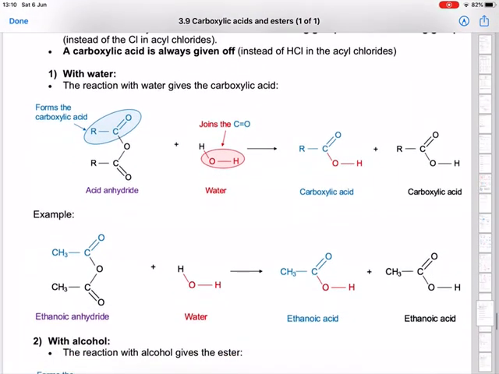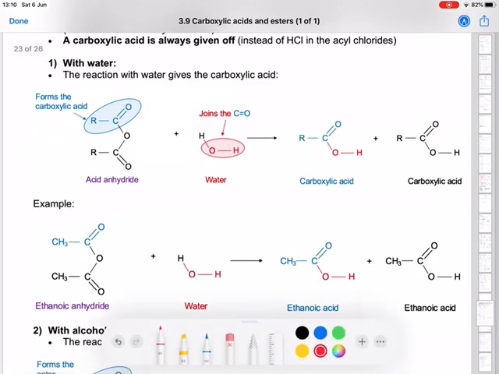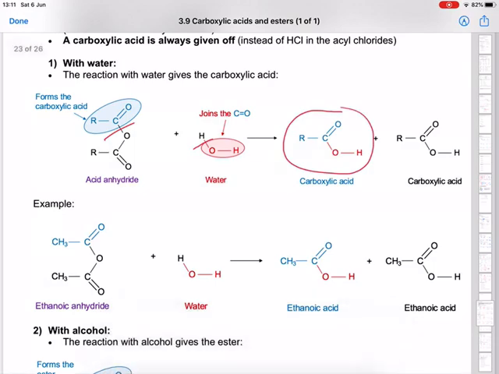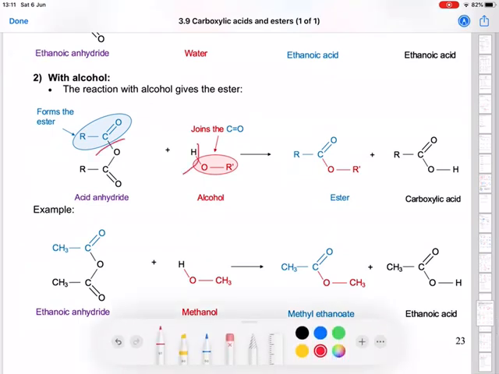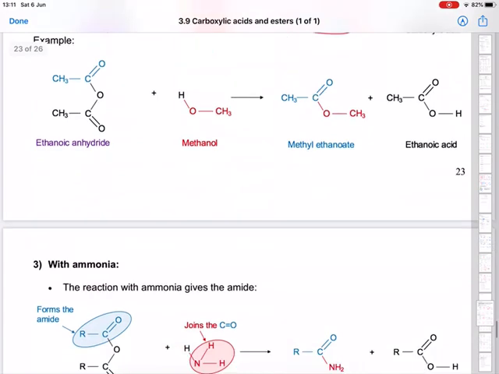Okay, so let's go back to having a look at these, and you'll see that it's exactly what we said. So we cut it here, cut that there, and what we end up with is our carboxylic acid. That's the blue and the red bit joining together. If we're doing it with an alcohol instead, remember, cut it there, cut it here. So the OR now goes on the carbonyl, which gives us the ester.